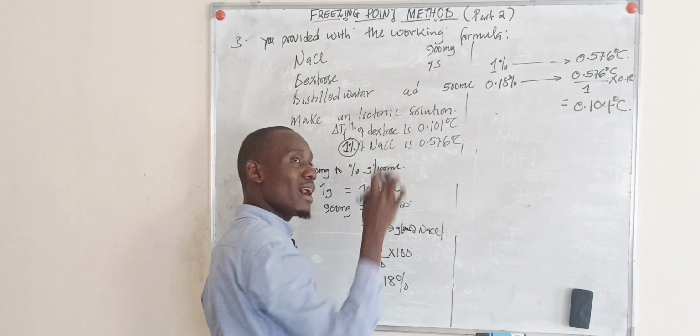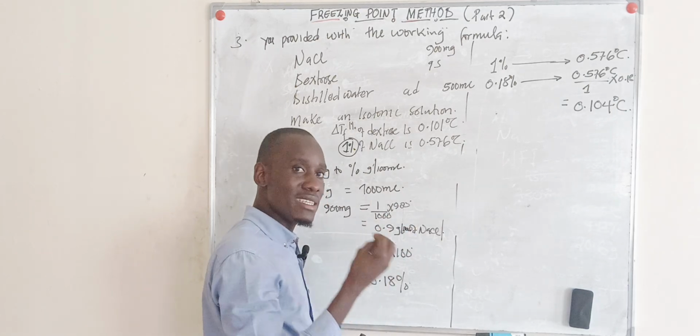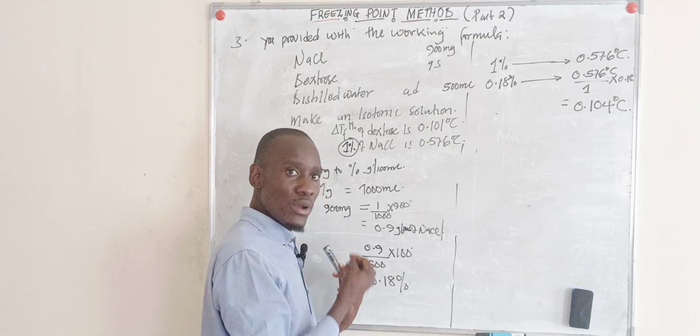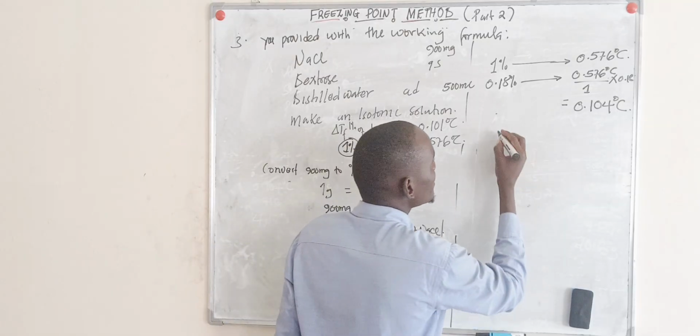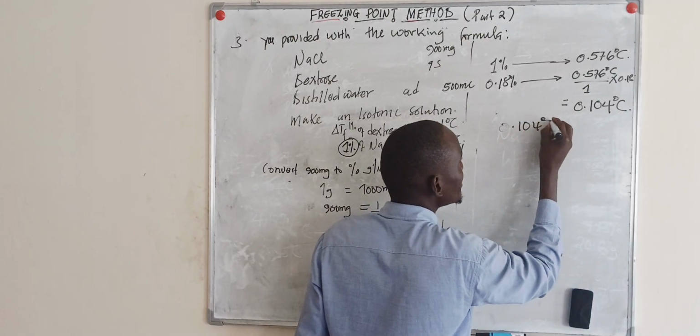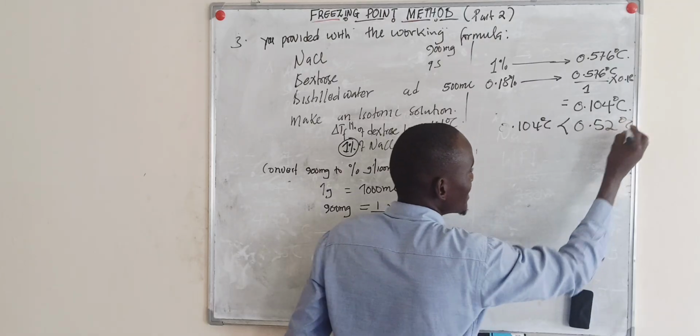But remember, our main aim is to find out whether this solution is isotonic with blood plasma, hypertonic, or hypotonic. So in this case, we are going to compare the 0.104 degrees C with the 0.52, which is the standard.